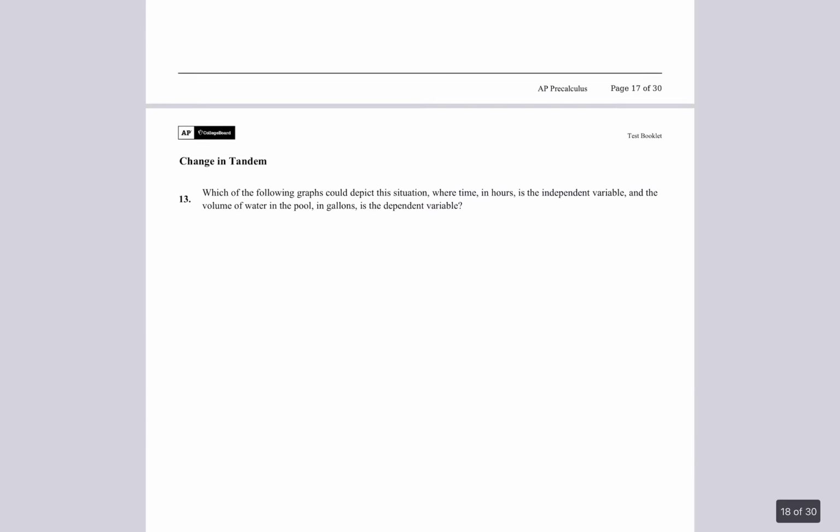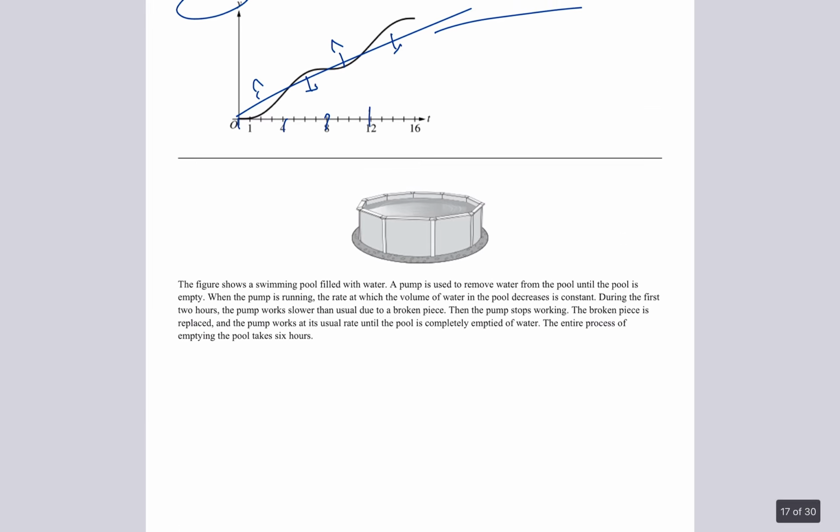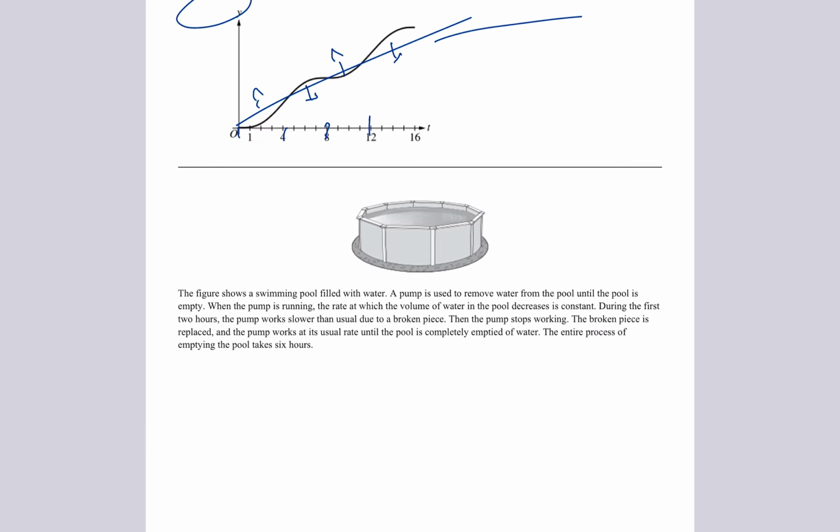Okay, let's have a look at question number 13. The figure shows a swimming pool filled with water, and a pump is used to remove water from the pool until the pool is empty.